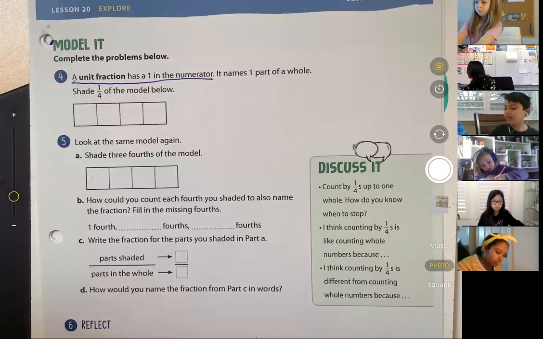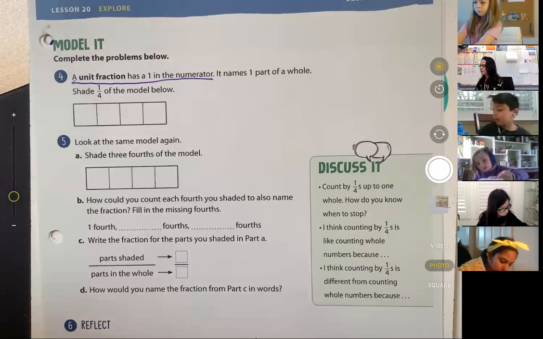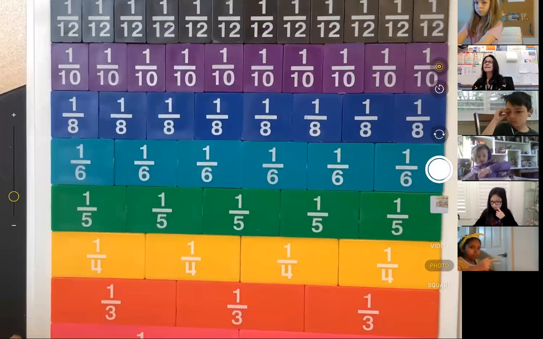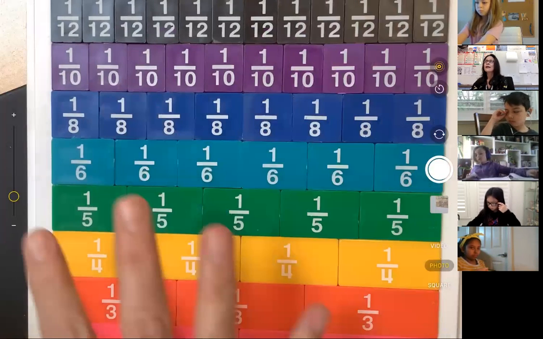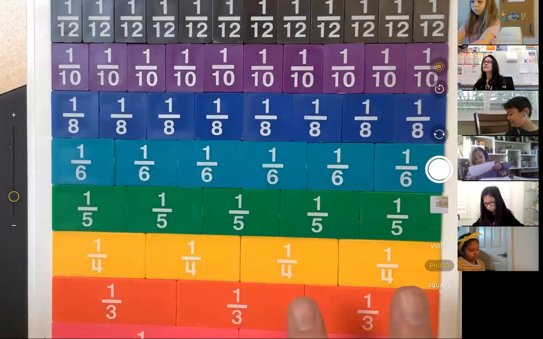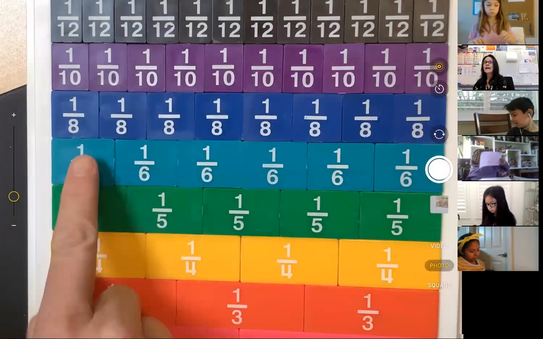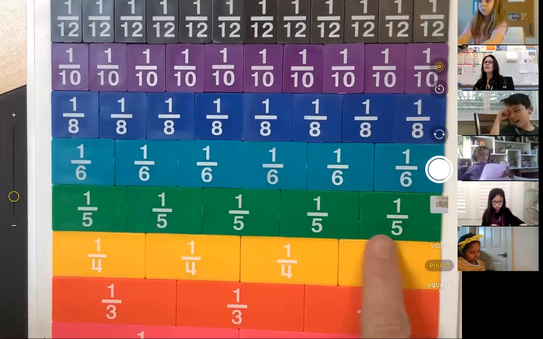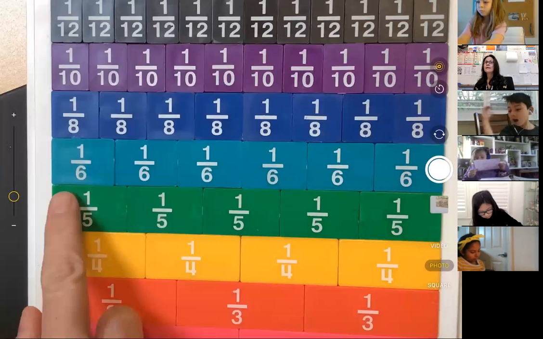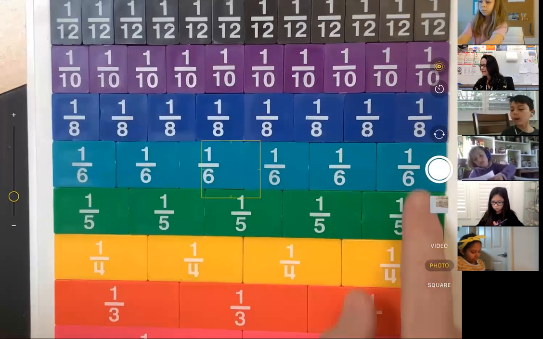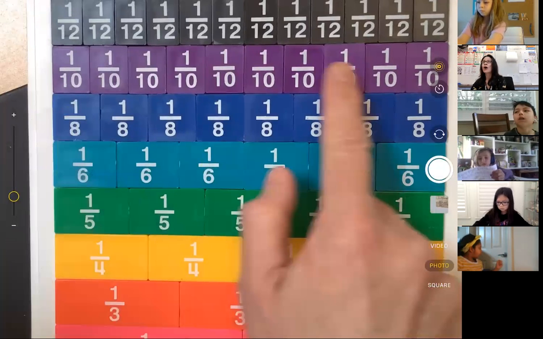I'm going to bring my fraction tiles back up for just a moment so that you can see here, friends, that on this entire page of fraction tiles, every single one of these fractions is a unit fraction. 1 in the numerator, friends.